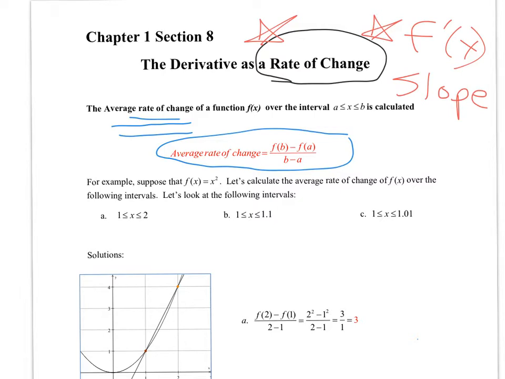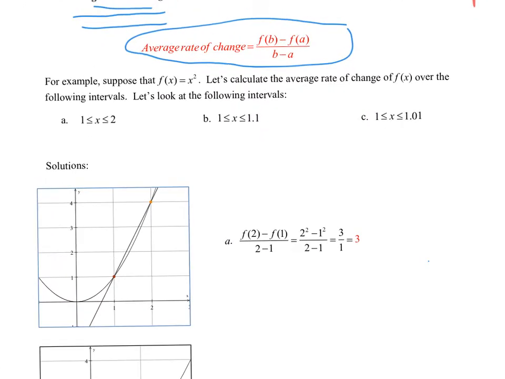We're starting out looking at this function, and we're going to figure out the rate of change from 2 to 1. So let's highlight this area, right in here. This is where we're focusing our attention.